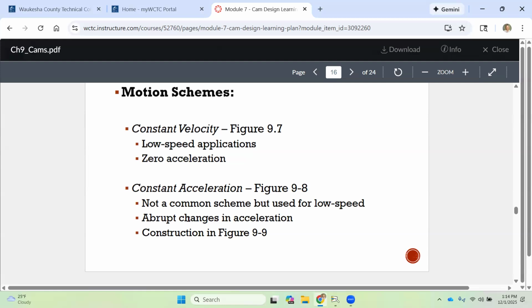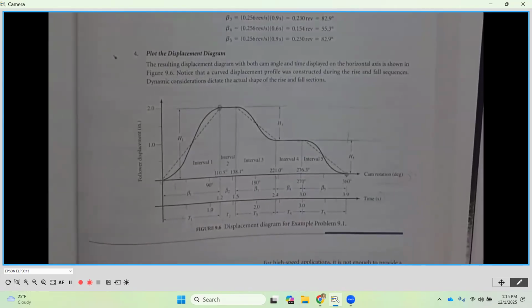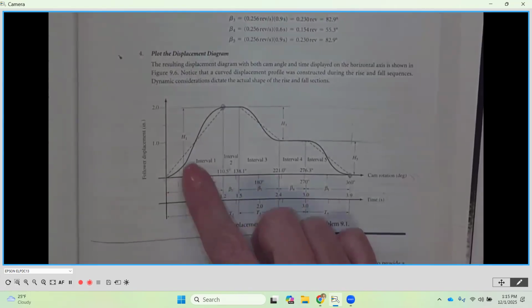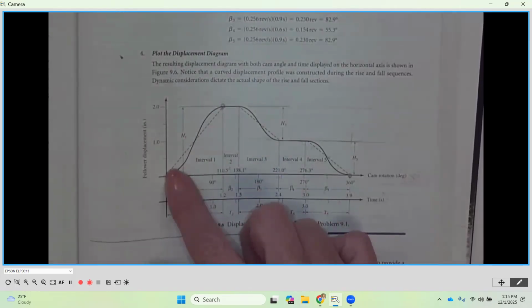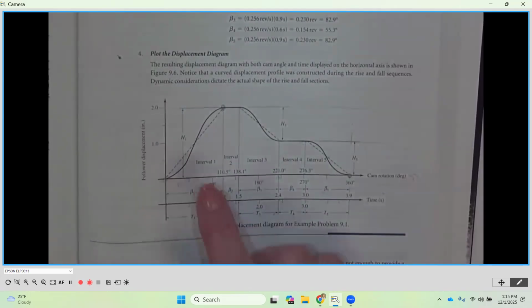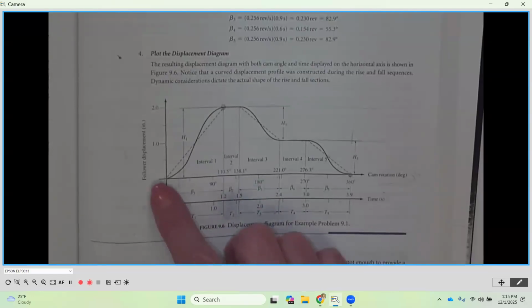So, for instance, if we look back at figure 9.6 on page 227, when we looked at our displacement diagram at the end of example 9.1, I told you about these radiuses going in and out of the motion. This first motion is a rise of 2 inches in 1.2 seconds, if I remember right.